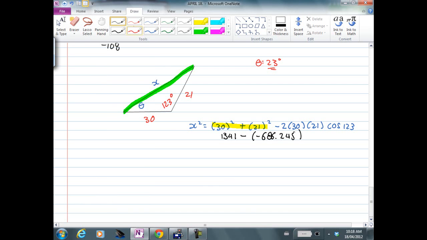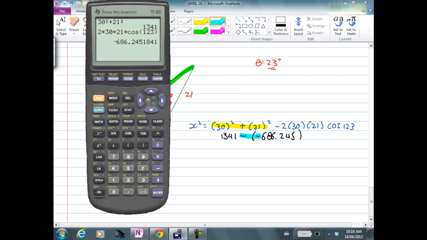Now, here's where students will make errors. This minus minus becomes plus. That's where the errors will happen. So in reality, it's 1341 plus 686.245.